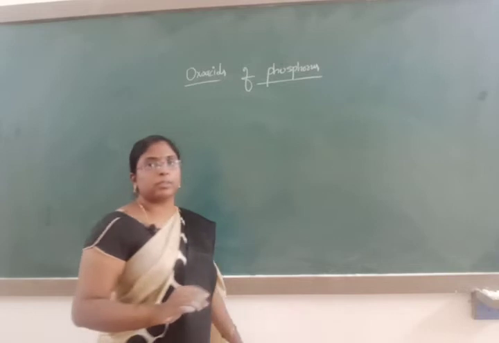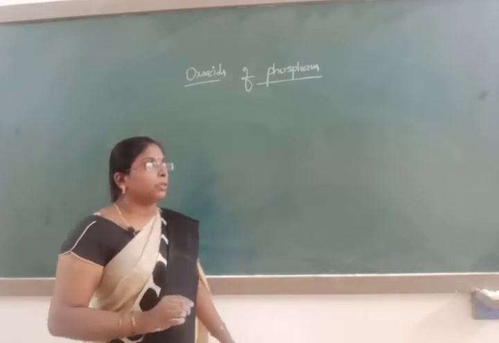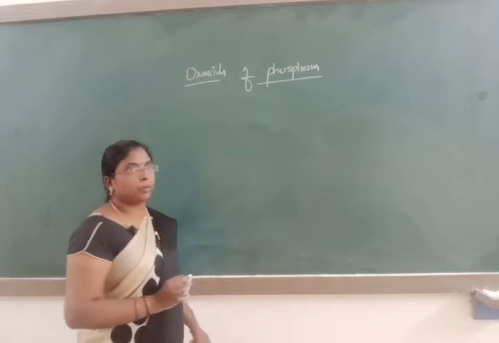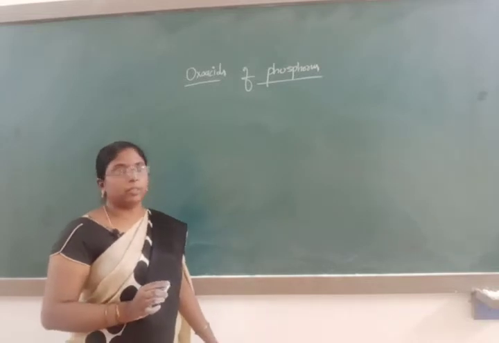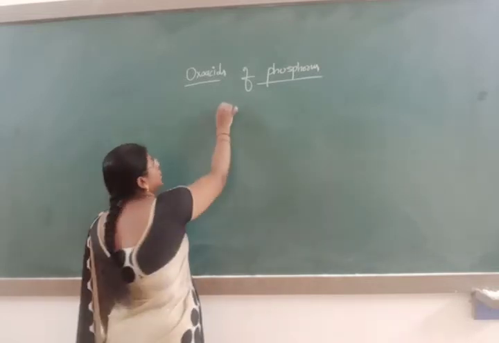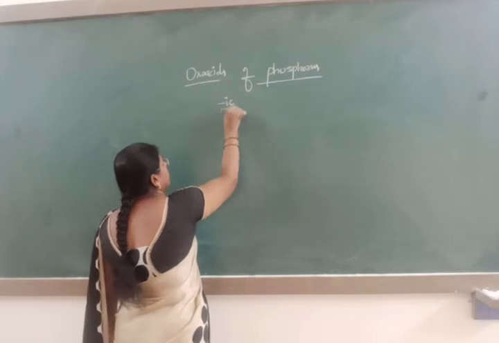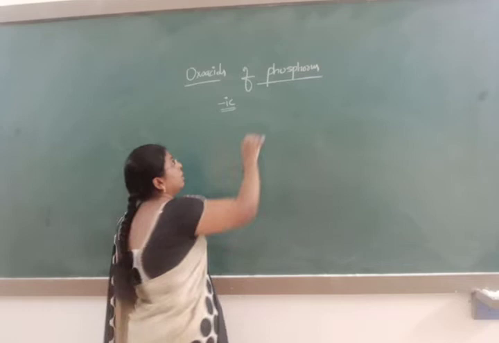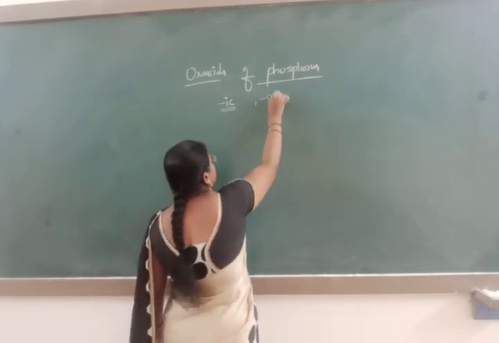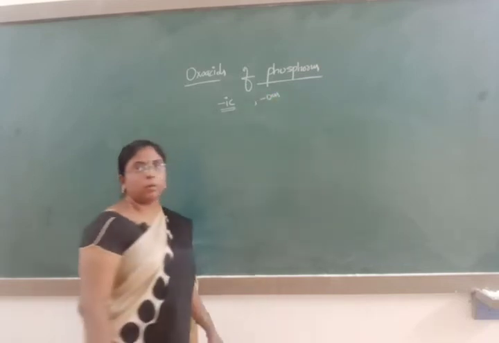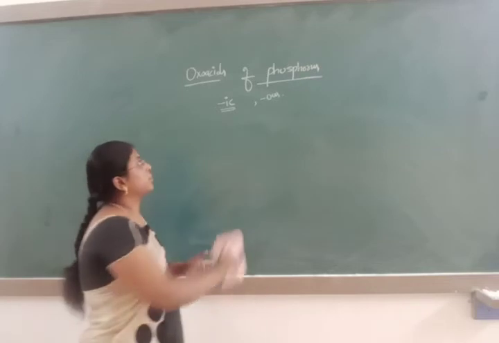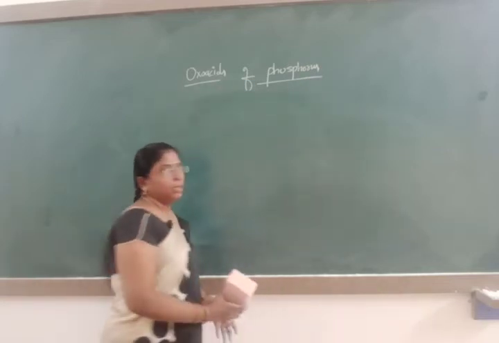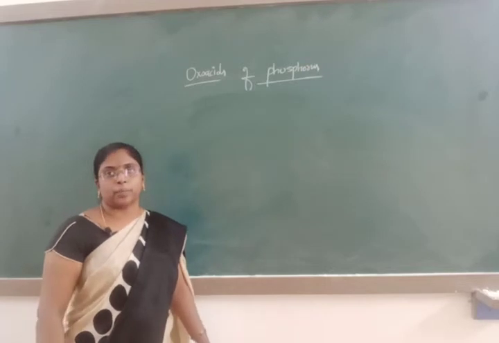In the oxo acids of phosphorus, before going to the actual oxo acids, let us see some basic things. I think you know that 'ic' is used when it has a higher oxidation state, and 'ous' when it has a lower oxidation state. 'ic' is for the higher oxidation state, 'ous' is for the lower oxidation state.